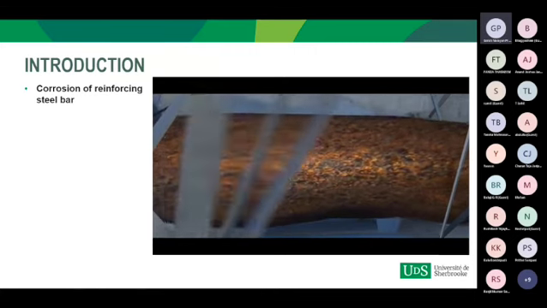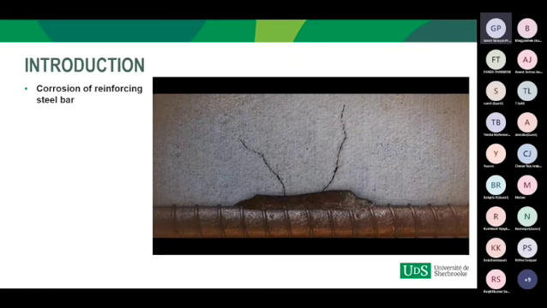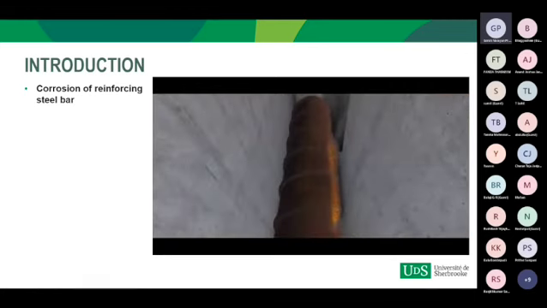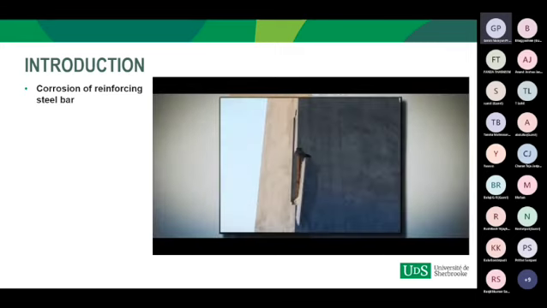This rusting causes expansion of the steel reinforcing bar and creates tensile stresses in concrete, which leads to cracking, delamination, and finally spalling of the concrete cover. So there is a loss of serviceability, and the concrete structure will require maintenance earlier than expected.